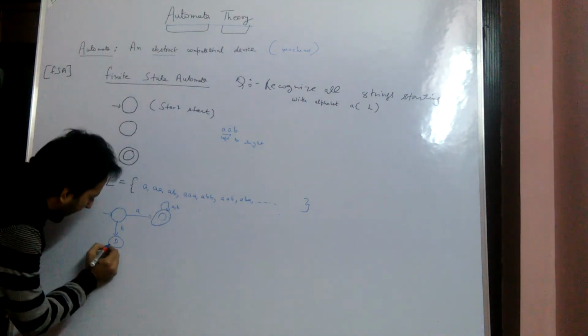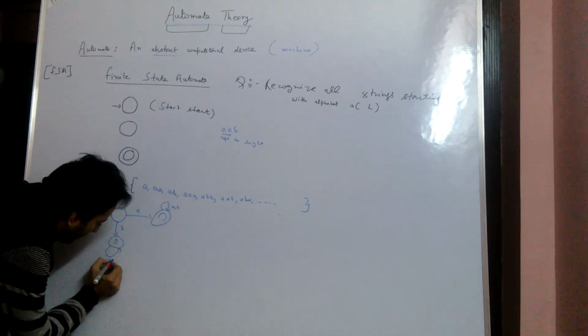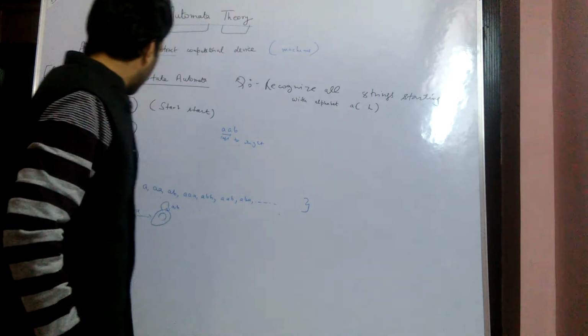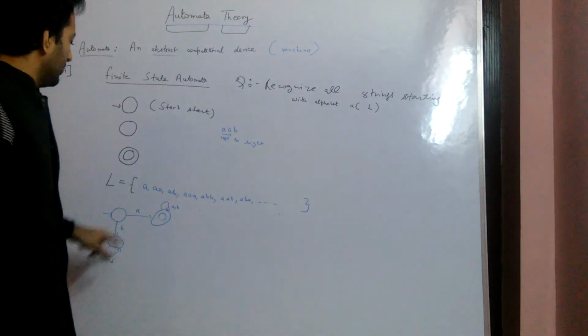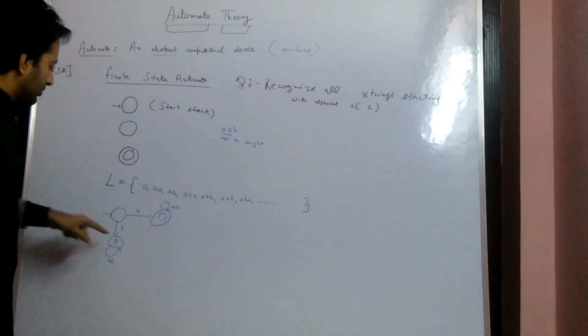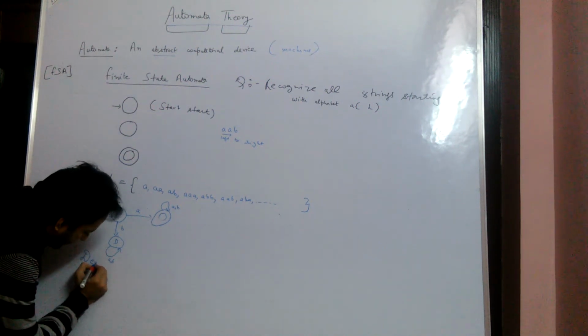It is a type of trap. Why do I say it is a trap? Because once a string enters this state, it is not going to move to any other state. It is going to be over here only. This is known as the trap, and we call it a dead state.